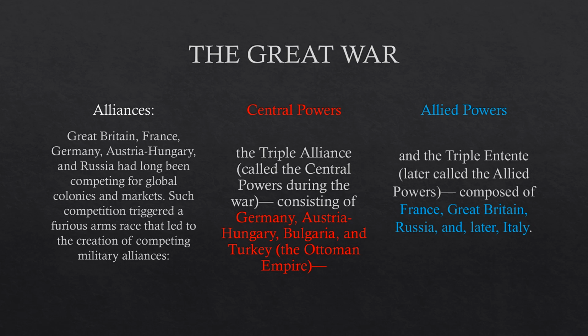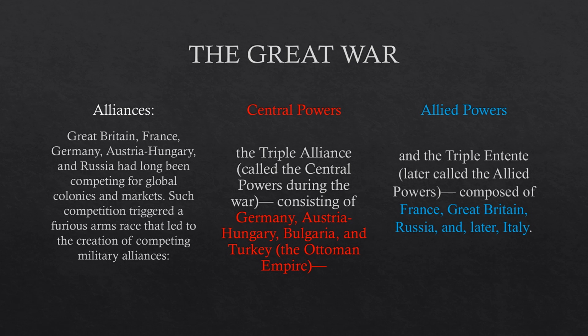The Triple Alliance, called the Central Powers during the war, consisted of Germany, Austria-Hungary, Bulgaria, and Turkey, which was the Ottoman Empire. So that's one. The Triple Entente, later called the Allied Powers, were composed of France, Great Britain, Russia, and later Italy.